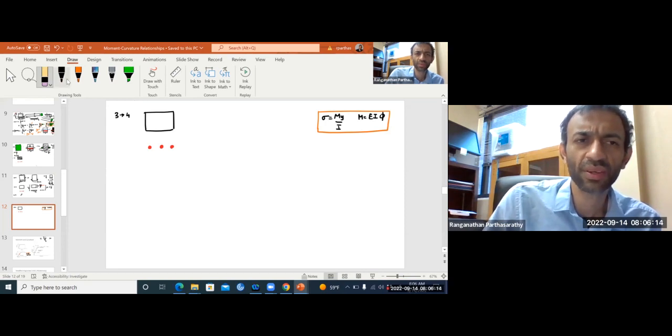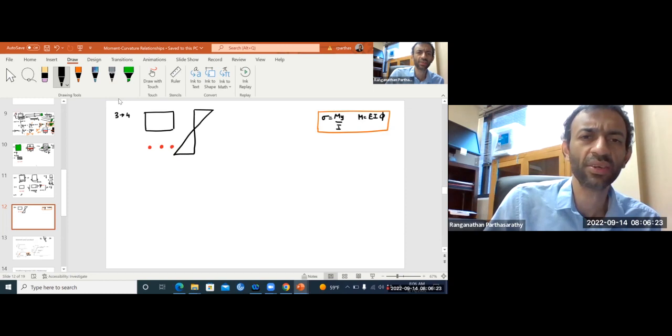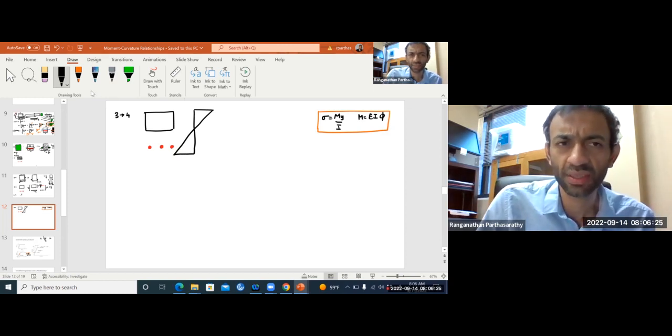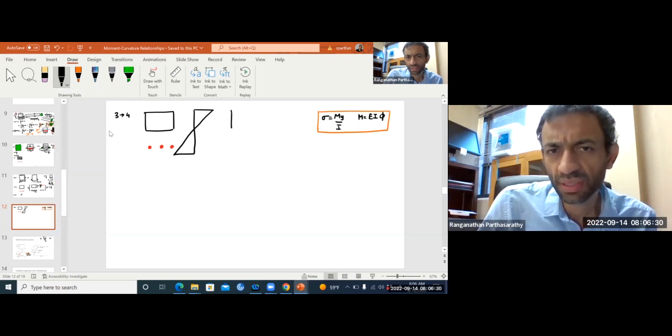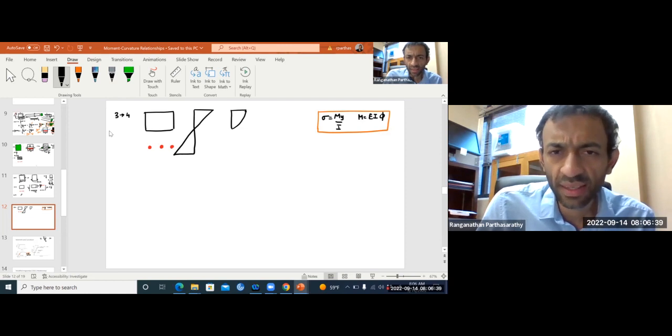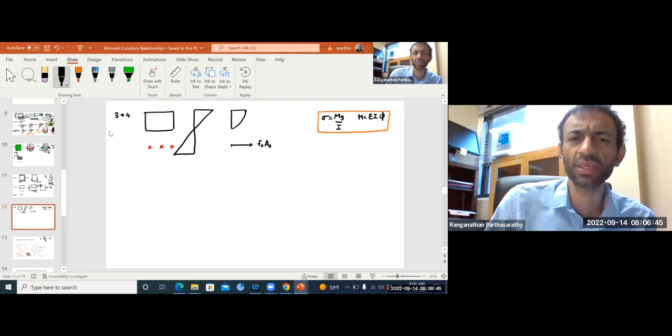Before that, one point: always remember, strains are still linear. If I draw the strain distribution, everything is linear. But the stress may now be something like this, not a straight line. And for the steel, you have Fs, the stress in steel, times As.